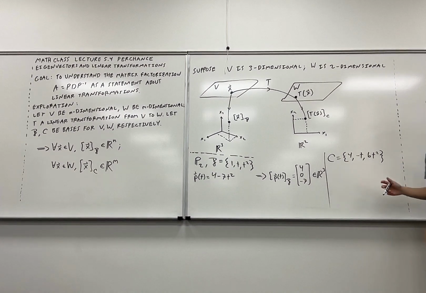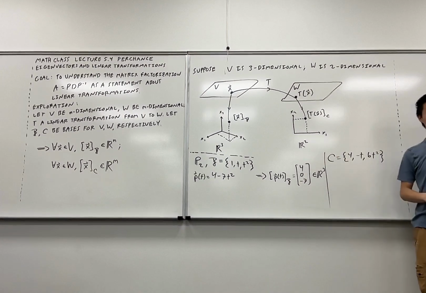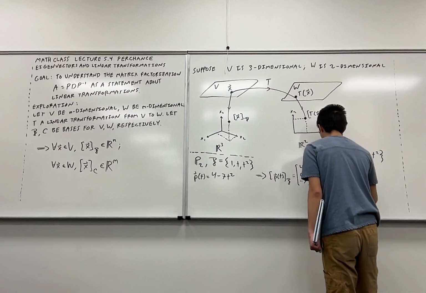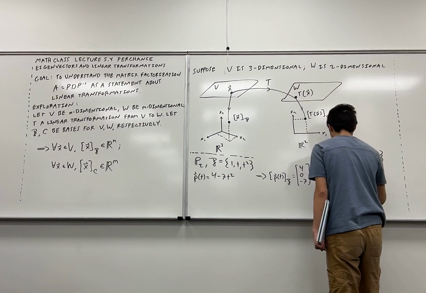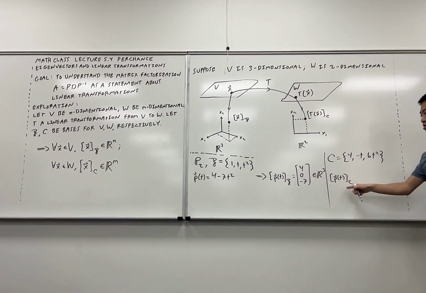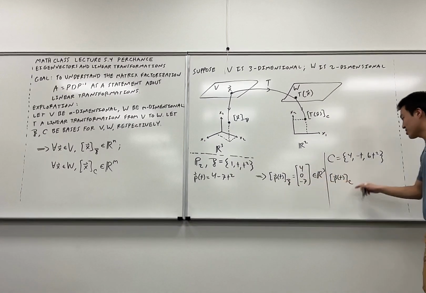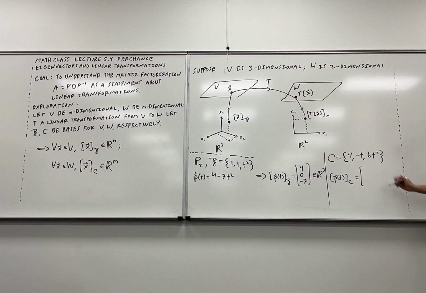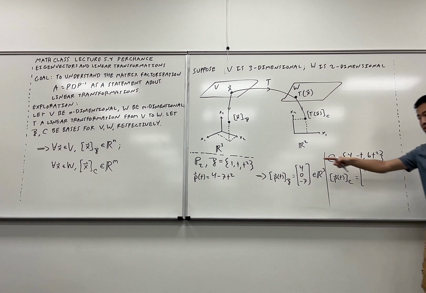But now, are their coordinates going to be the same as the standard coordinates? No. So I would have to do P of t according to the C. Notice the difference here. So these are the B coordinates, now we're getting the C coordinates. What are the C coordinates now? Why is the first one switched to 1? Yeah, because it's already at 4. So I scale this only by 1 in order to get to 4.